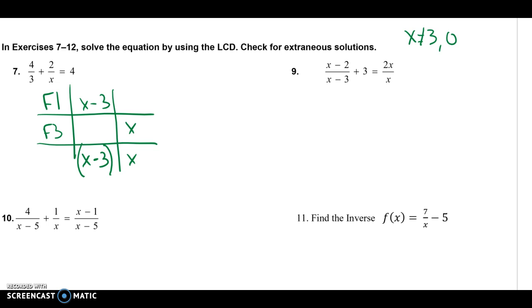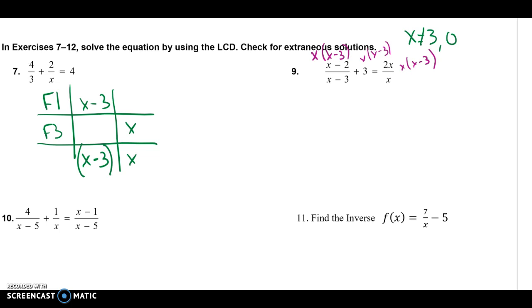So now I just need to take each fraction and multiply it by that LCD. So this first fraction will get x and x minus 3. The second fraction will get x and x minus 3, and so will the third fraction. And again, the purpose is, since I'm multiplying all of them by the same thing, I'm just changing the way the equation looks, but it's still worth the same.